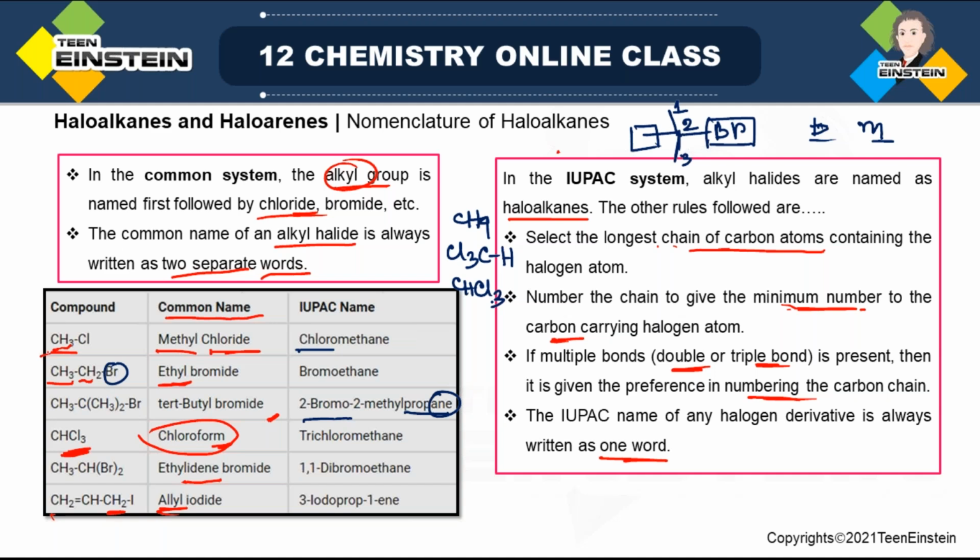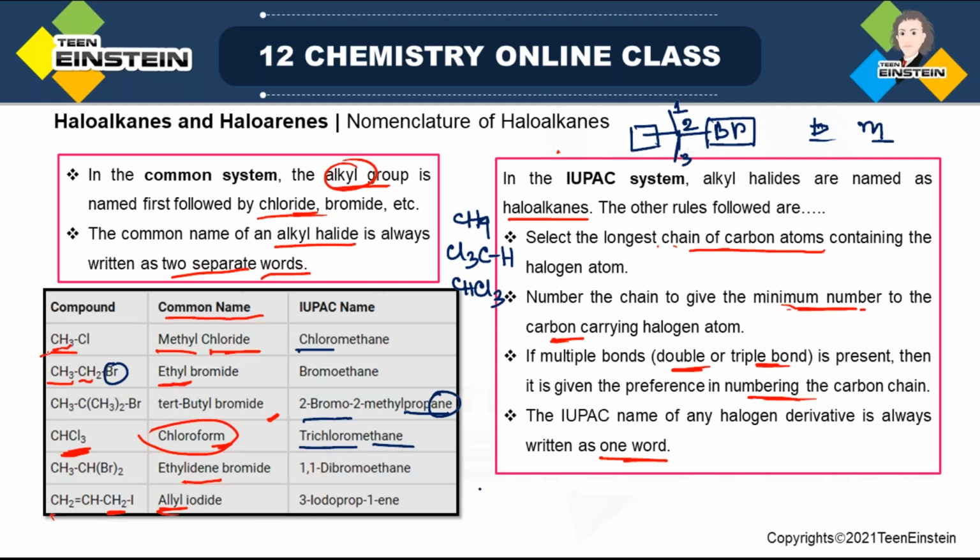So you don't have to write the position because you have just one carbon. Simply we write trichloro because you have to mention the total number of halogens. And as it is a methane derivative, you have to end it with methane, ANE, the suffix for alkane.